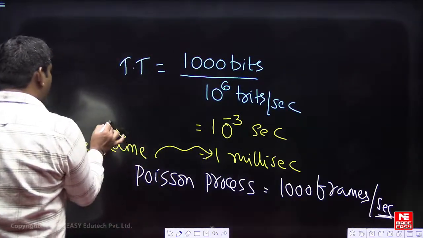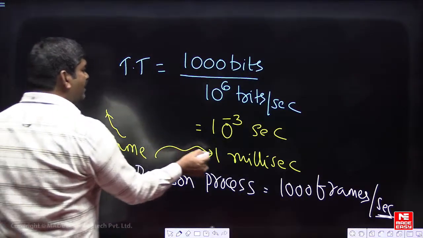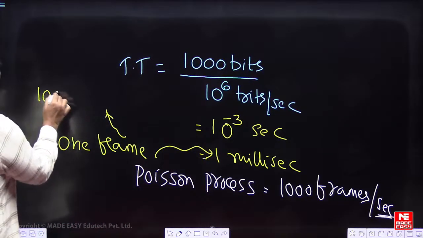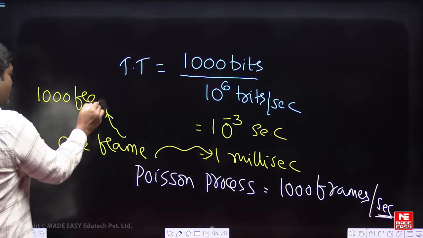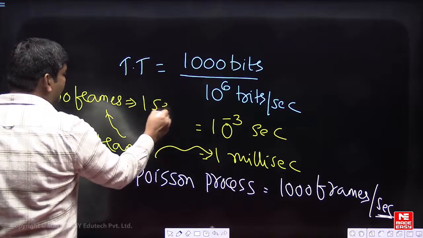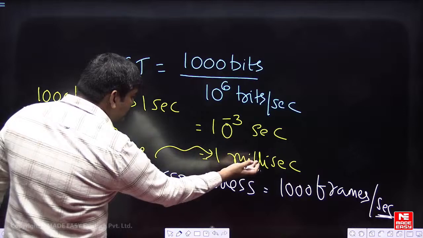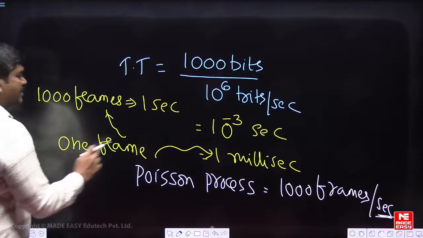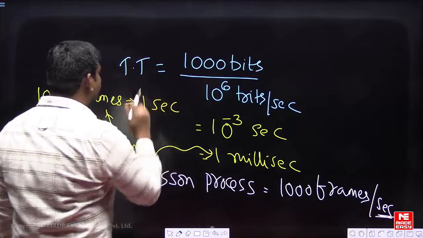You have already calculated that for 1 frame, in 1 millisecond, you transmit 1 frame. Is it not that you are going to transmit 1000 frames in 1 second? Because if I multiply the right side by 1000 and the left side by 1000, 1 into 1000 is 1000 frames, and the millisecond is going to become 1 second.